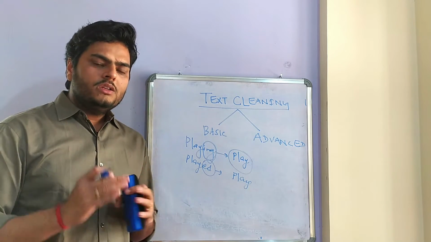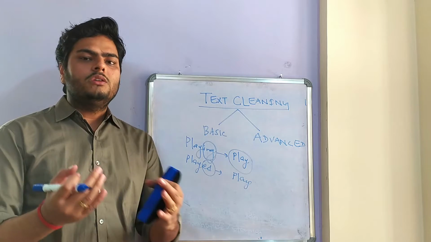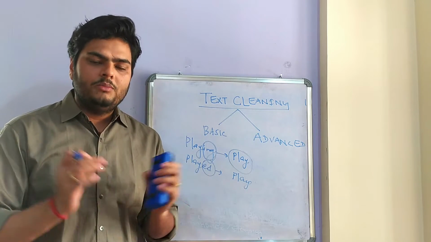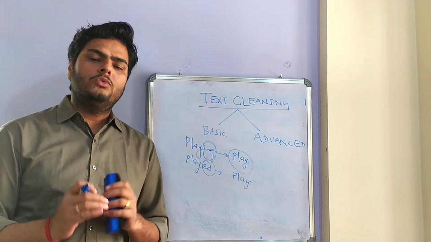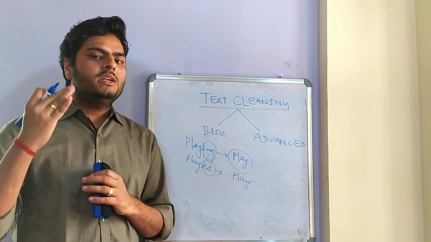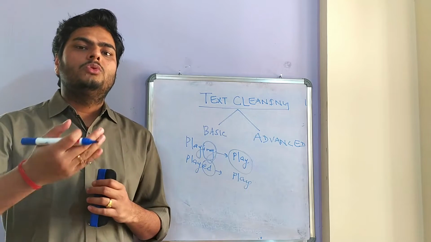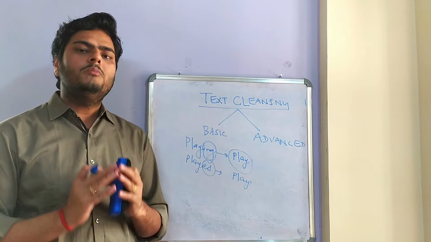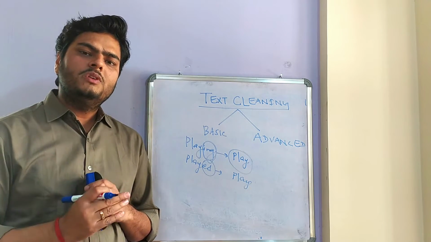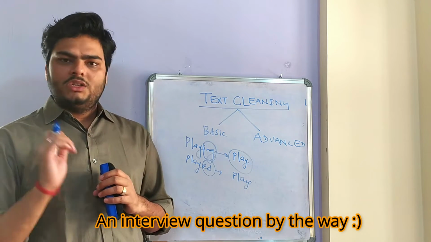So in stemming there is a possibility that the words you get might not have any meaning, meaning that kind of root word does not exist at all. But in lemmatization you will never have a word that does not have a root word, so the output will always be meaningful. So that is the difference between stemming and lemmatization.